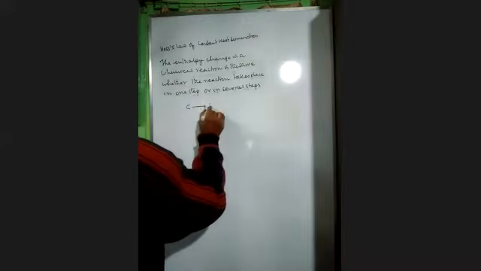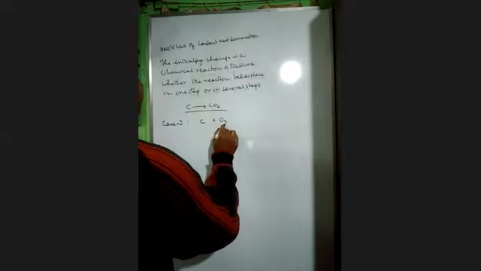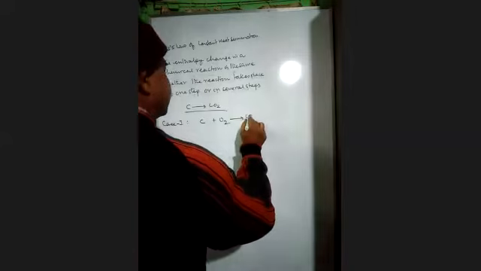So I'll give you one example. Carbon to carbon dioxide. In case 1, carbon gets converted into carbon dioxide in one step. So I'll write here, carbon dioxide.